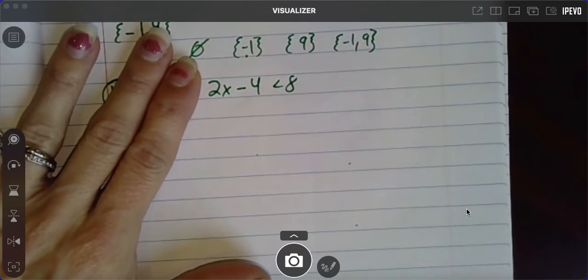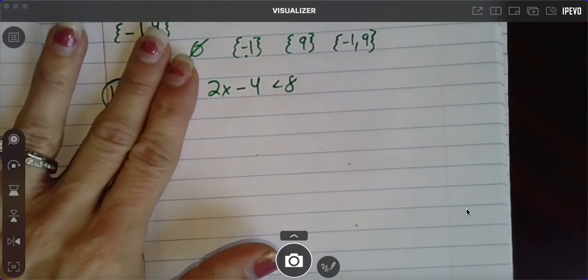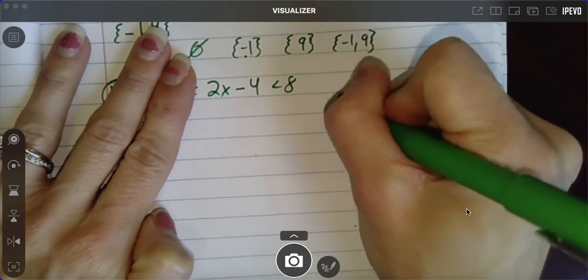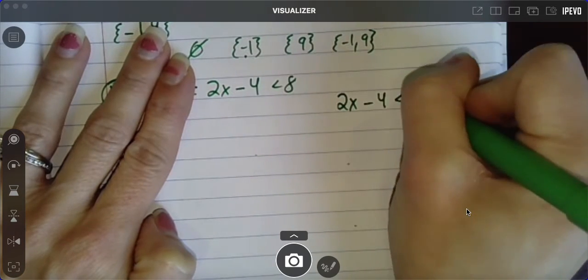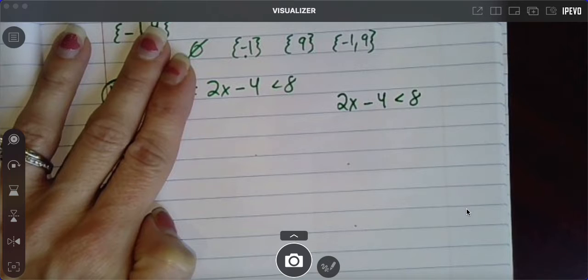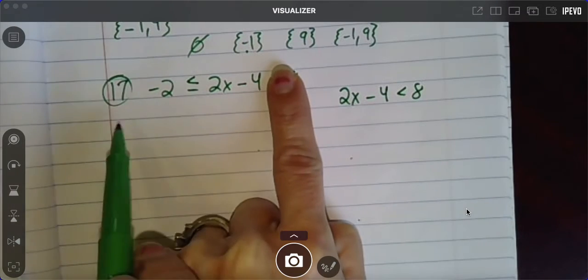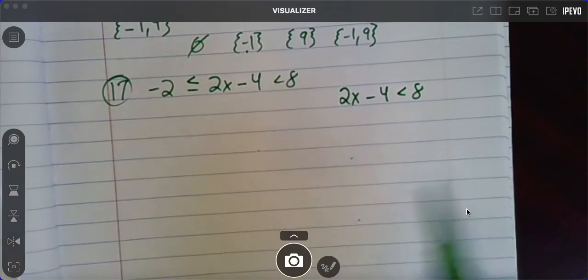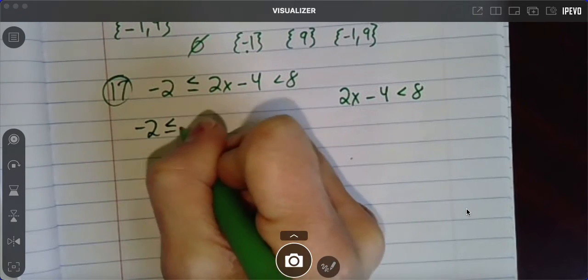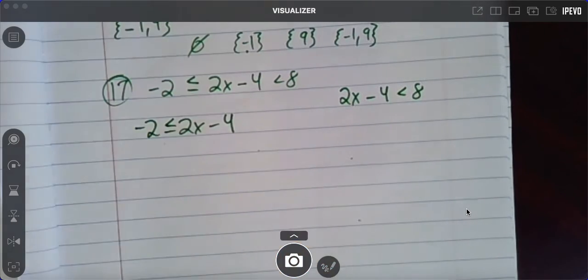So I write 2x minus 4 is less than 8. Everybody good with that? Then my other one: -2 is less than or equal to 2x minus 4. Is everybody good with my 2 problems?